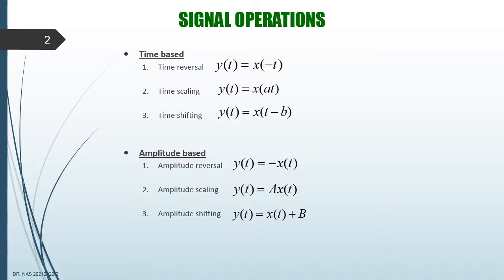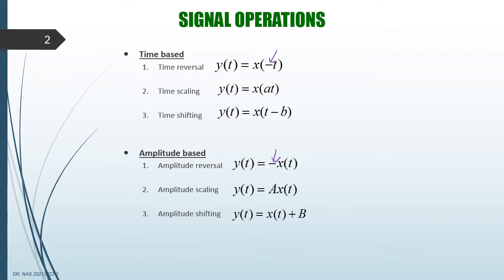Okay, this is just to recap what we have learned in the previous lecture. We have discussed time-based and amplitude-based operations. Just look at the fundamental equation for each type of operation. For time-based, time reversal, you'll notice a negative sign inside the bracket. Amplitude-based, negative sign outside the bracket.